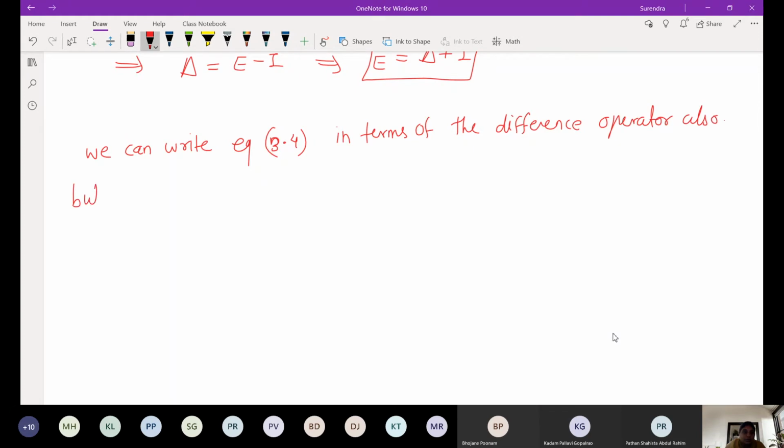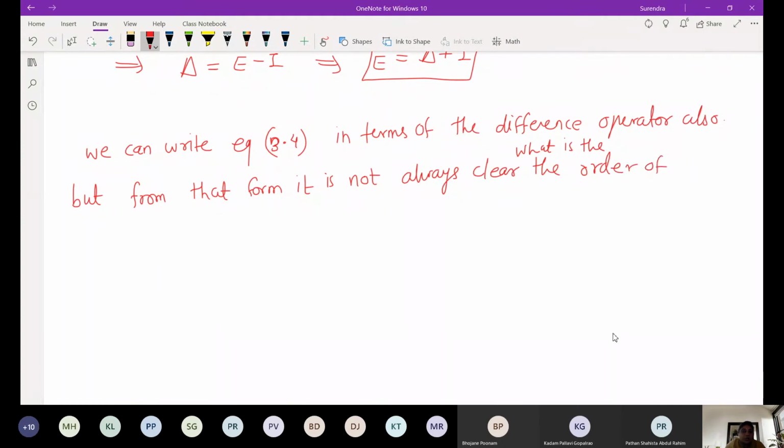But from that form, it is not always clear what is the order of the difference equation.